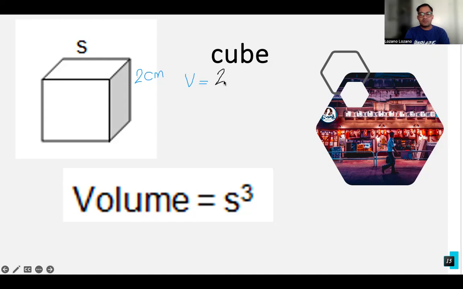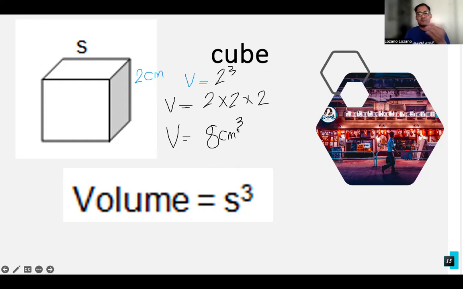Very good, 2 cubed. So volume equals 2 times 2 times 2. 2 times 2 is 4, times 2 is 8 cubic centimeters.